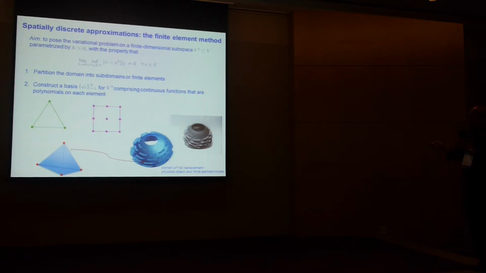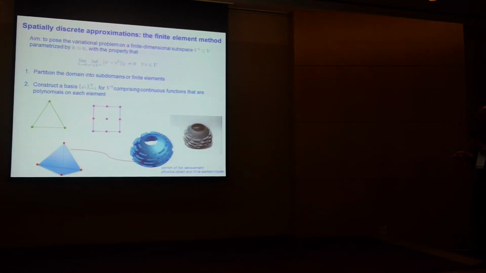And I want this space to be such that it has some sort of parameter in the finite element method. It would be the mesh size, which when that parameter goes to 0, I will approach the function in the original space. So I have a way of approximating functions as closely as I wish in the original space.